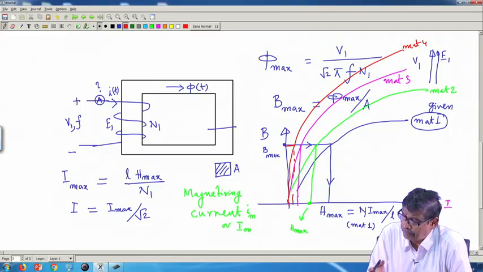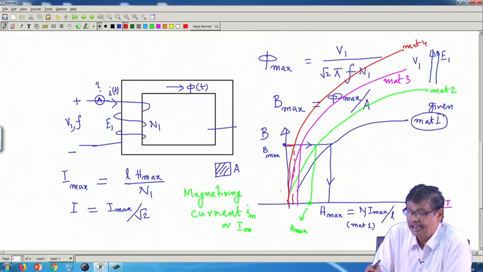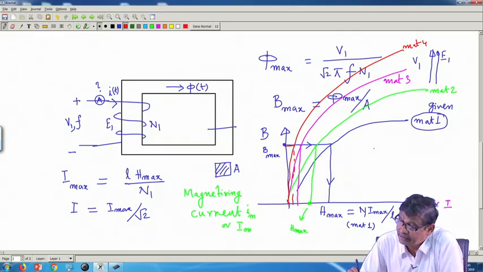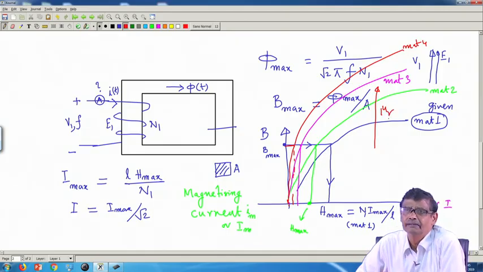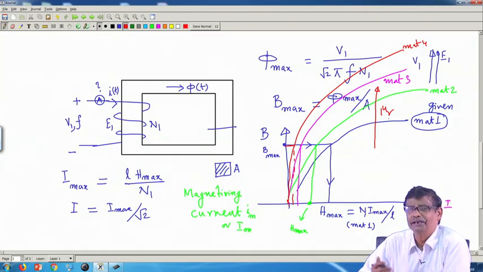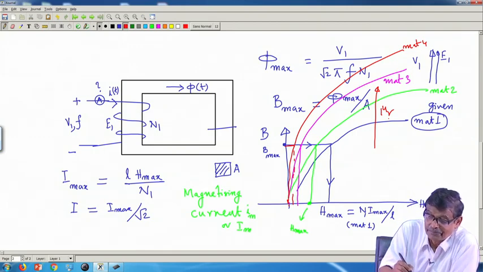What is this better material? Better material means the slope dB/dH, which is mu r, is a measure of mu r. So, we are increasing the relative permeabilities for these different curves, essentially. Therefore, suppose mu r is very high, tending to infinity, what does that mean?